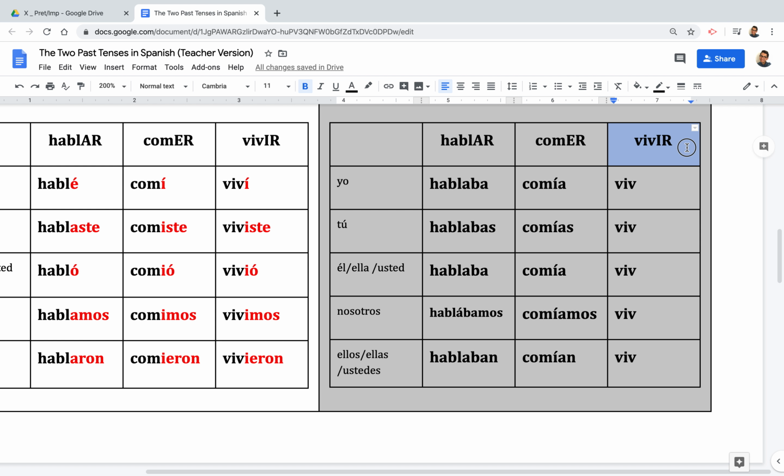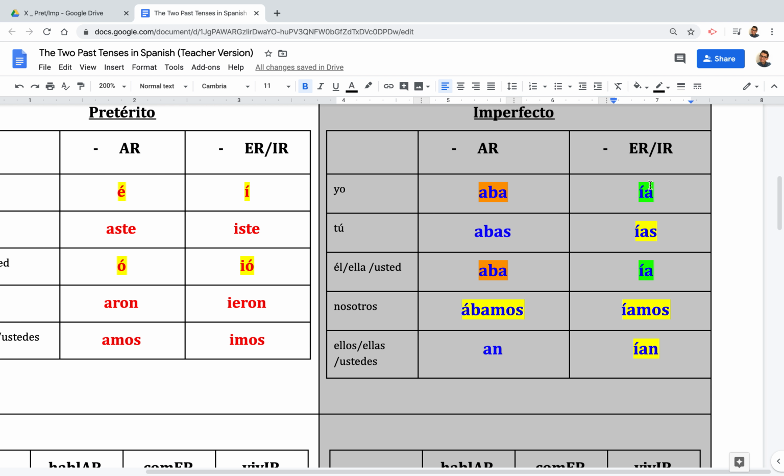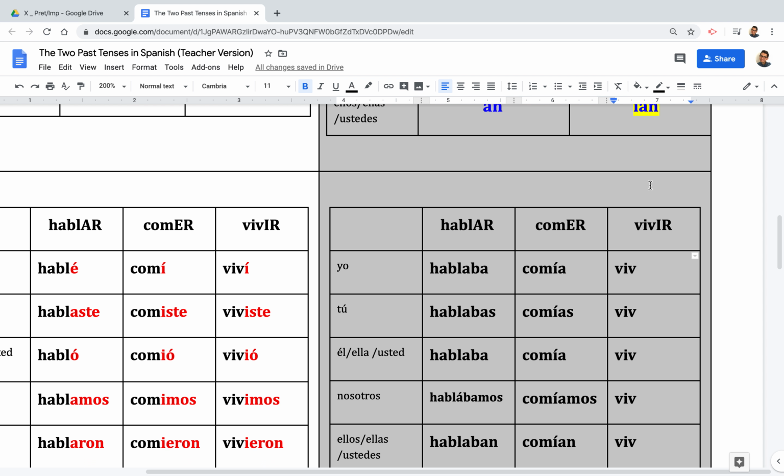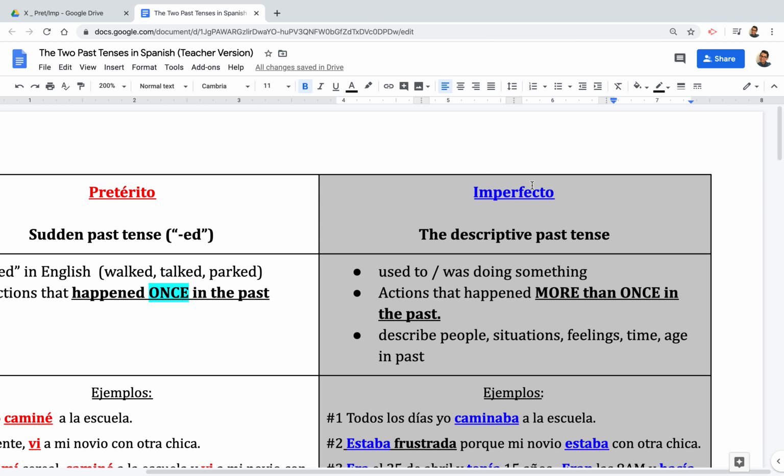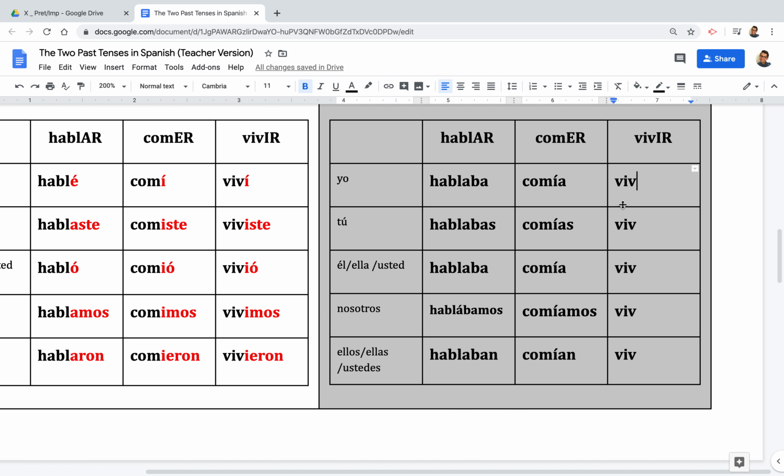For the verb vivir, which is an IR verb because it ends in IR, I'm going to do the same thing. I'm going to go through 3 steps. I'm going to look at my cheat sheet or cheat chart, and I am going to conjugate or change this verb to live into the imperfecto or descriptive past tense. And when I go through the steps, I will get the following results.